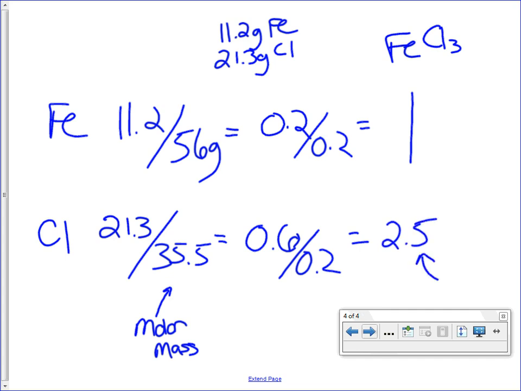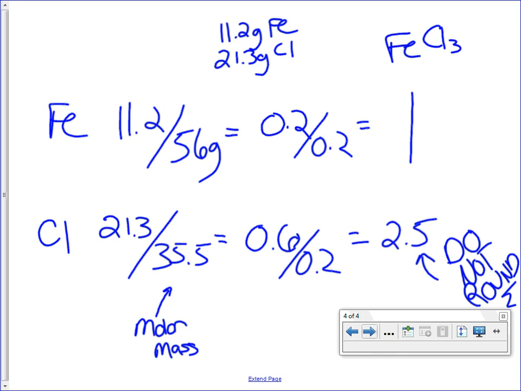Whenever you have 0.5, you cannot round it. Do not round your 0.5. What you need to do is multiply them both by a number to make it a nice whole number.